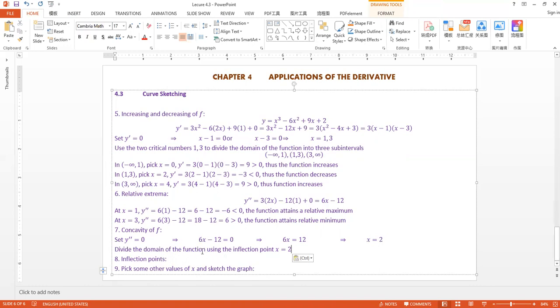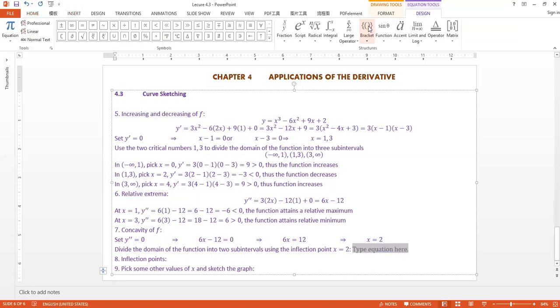And divide the domain of the function into two subintervals. These two subintervals are from negative infinity to 2 and from 2 to positive infinity.